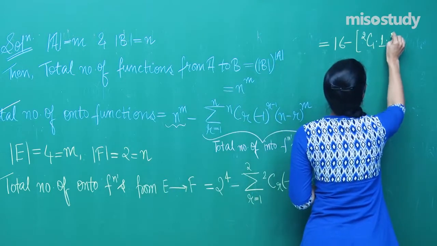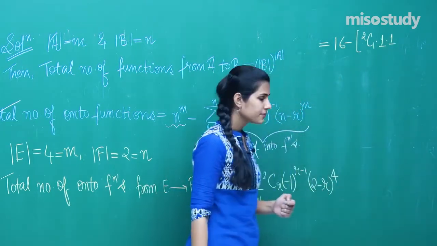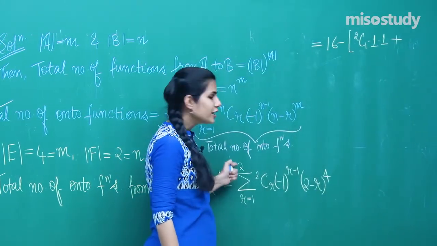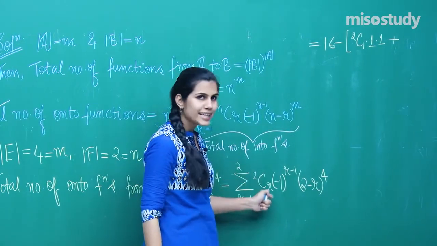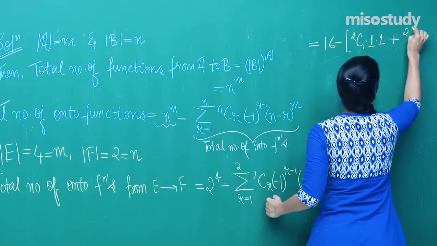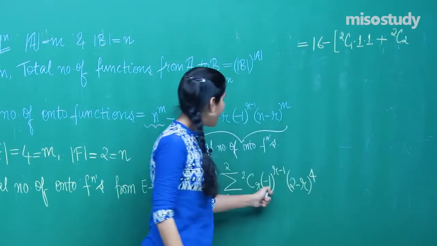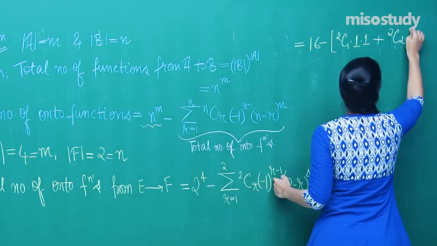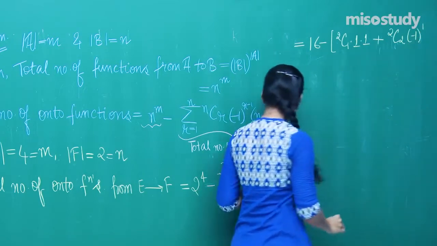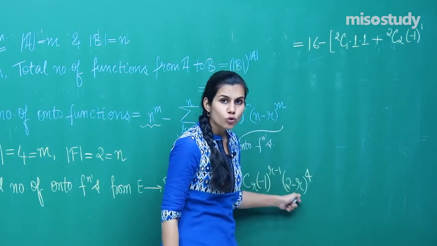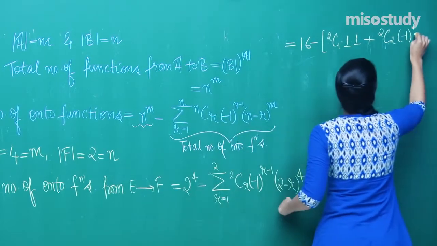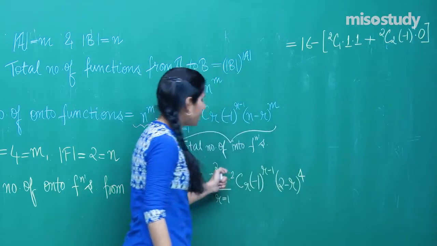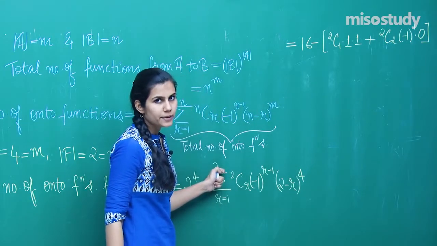So, over here you just get 2C1 plus, now substitute 2 in place of r. You get 2C2 into (-1) to the power 2 minus 1, that means (-1) to the power 1, into (2 minus 2), which makes it 0. So, this is it. That's it. Only up till 2 we were allowed to go, so we went only up till 2.